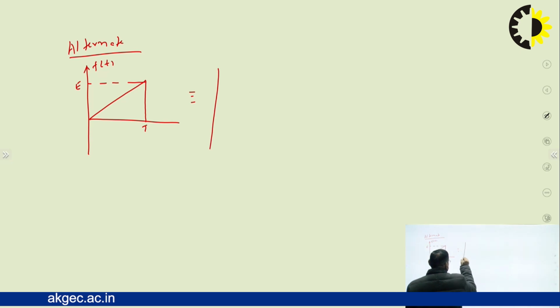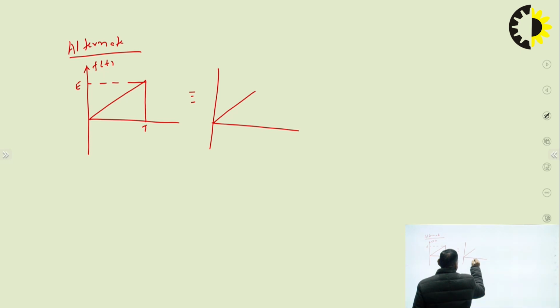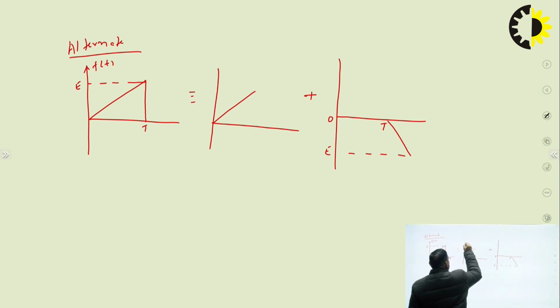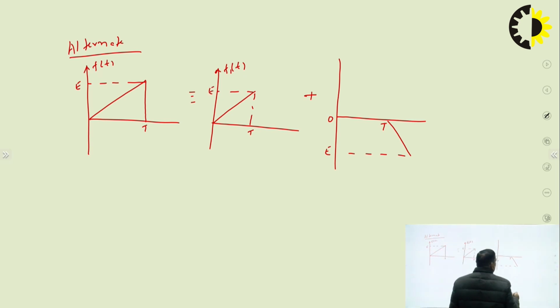Suppose take a ramp of this, then take this ramp, f1(t), this is your t and this is your E, and take a third one.